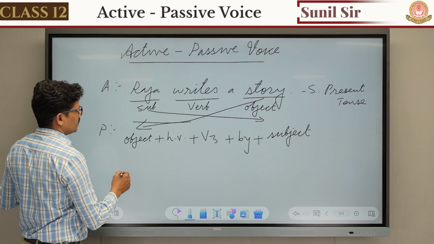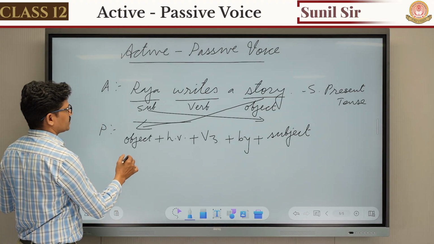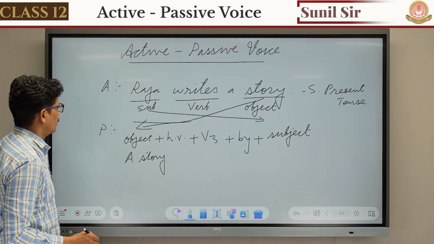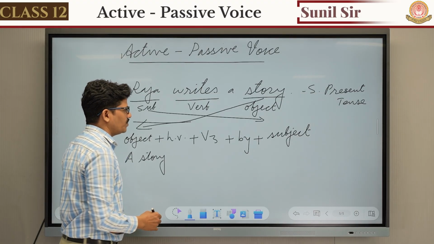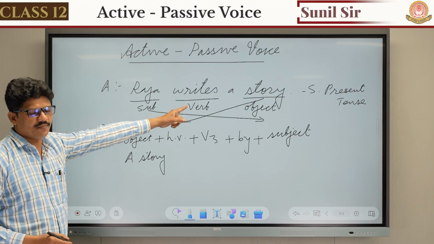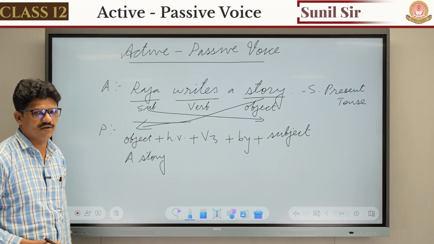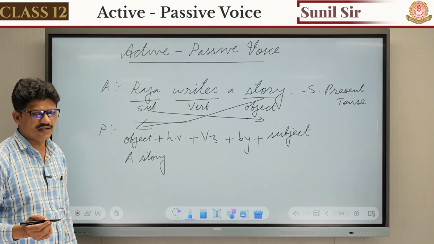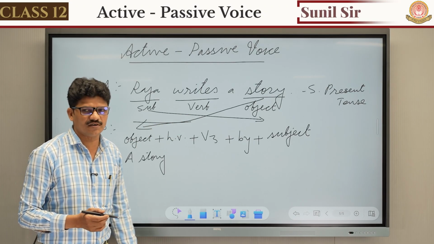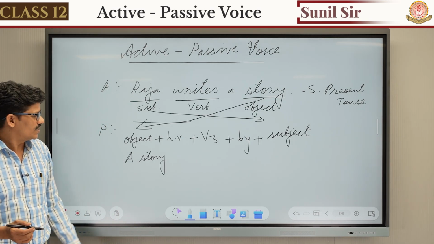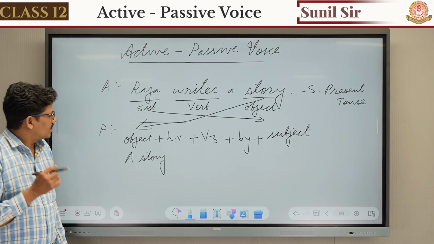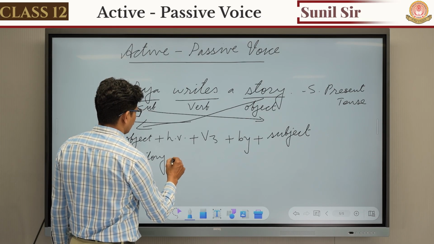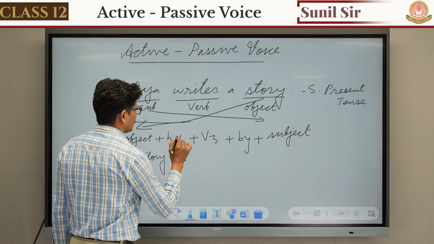So if we turn this sentence into passive voice, a story, then what is the helping verb? If it is simple present tense, that means helping verb will come am, is, are. There are three helping verbs in simple present for passive voice. So a subject, a story will take is. A story is.